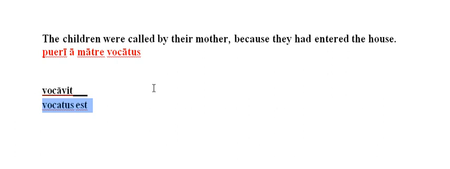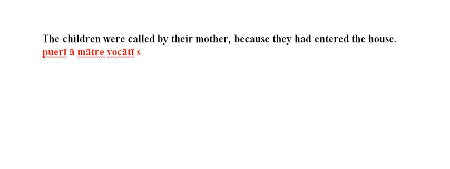And notice you use a present auxiliary est to say he was called because the completedness is built into the participle. So here, this is still not 100% correct though, because pueri is plural. So we don't want to say vocatus est, but we want that sixth form. Remember, you're practicing these in the charts.